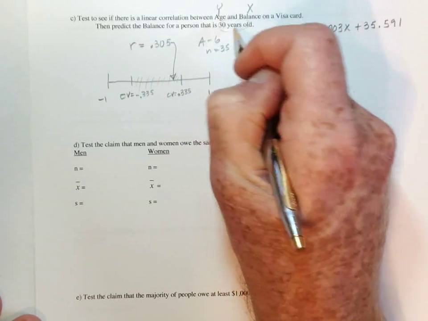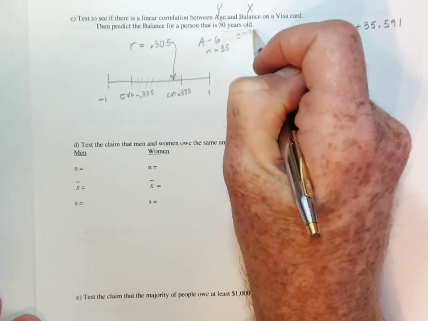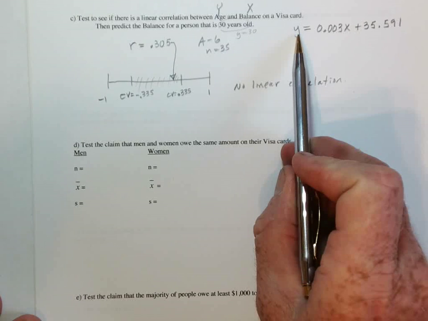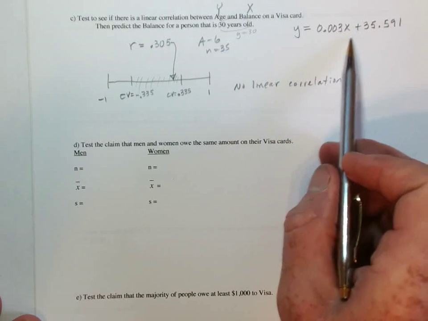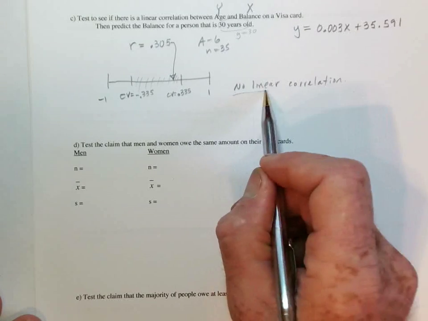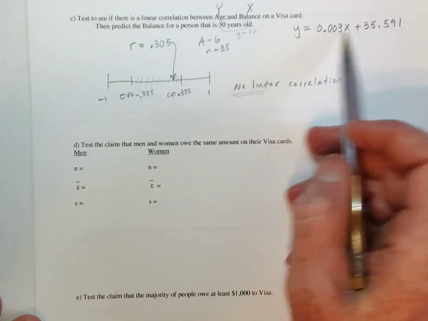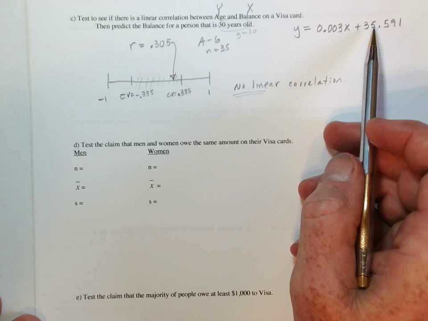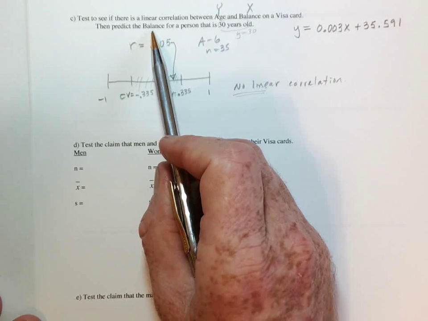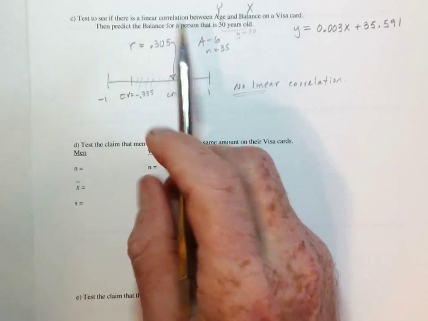That means that this is saying y is equal to 30. Then I would substitute a 30 right here and do 2 steps of algebra to solve for x. But since there's no linear correlation, that means you should not even be using this equation. Instead, to predict what somebody owes on their credit card, you just use the average.